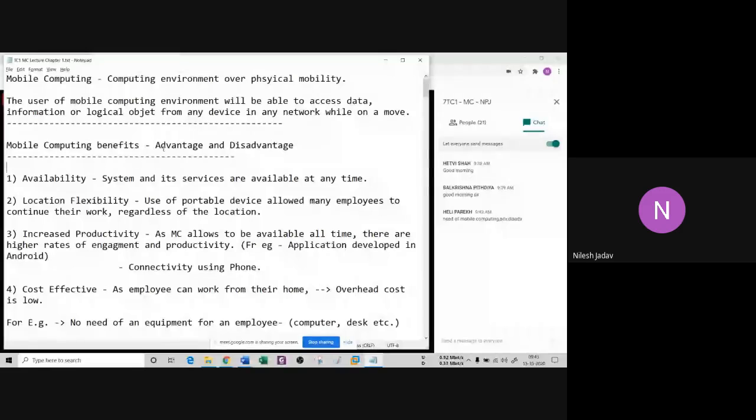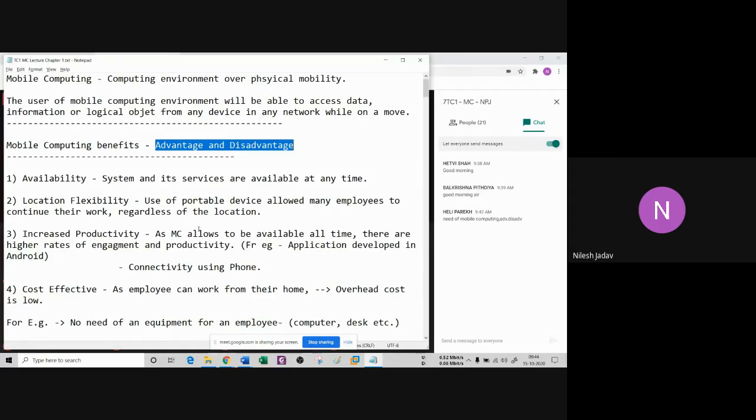Another thing we had discussed is advantages and disadvantages. The first advantage is availability. The meaning of availability is that the system and its services in mobile computing are available 24 by 7.